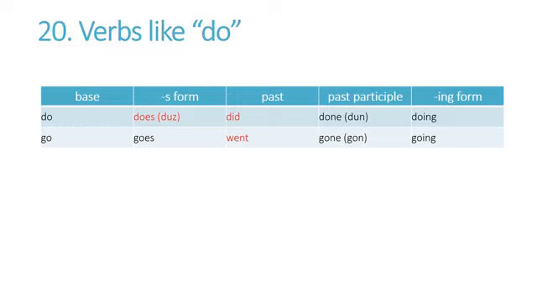Now in the past participle, the spelling of the ending is the same, but the pronunciation is different. O-N-E with do is pronounced done. O-N-E with go is pronounced gone. And then the ing forms are the same in the spelling, but different in the pronunciation, doing and going.